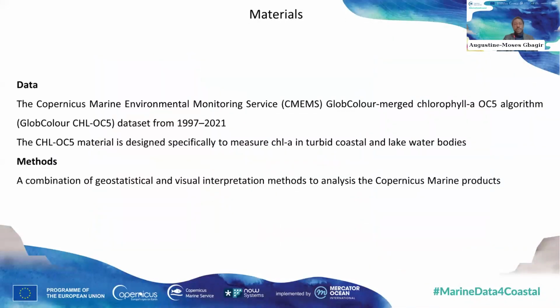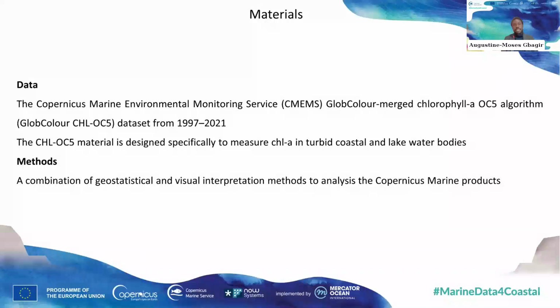First of all, we utilized the chlorophyll products of the Copernicus Marine Service, like I mentioned earlier, between 1997 and 2021. And then we tried to see if it's possible to extract something useful from this data set. And why did we choose it?